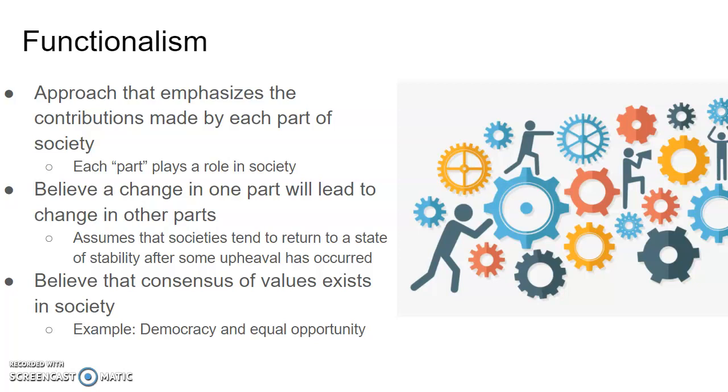And then economics is there to provide for those people. They believe a change in one part will lead to a change in others, assuming that societies tend to return to a state of stability after some upheaval has occurred. So an example here would be like the Industrial Revolution, where people are shifting away from farming life to now working in industries and factories.